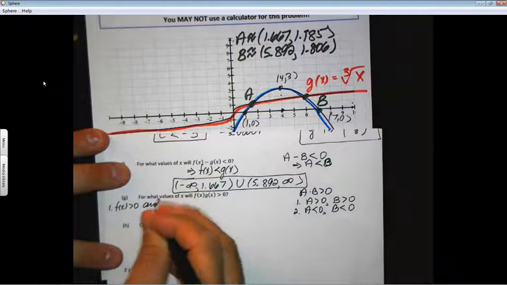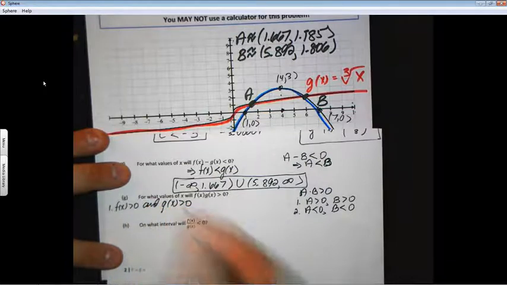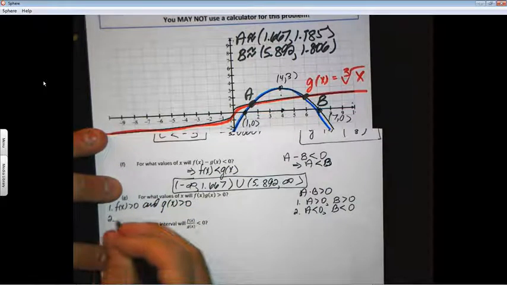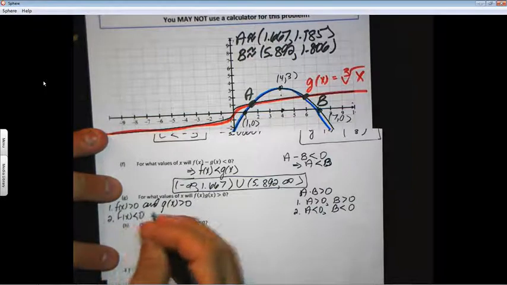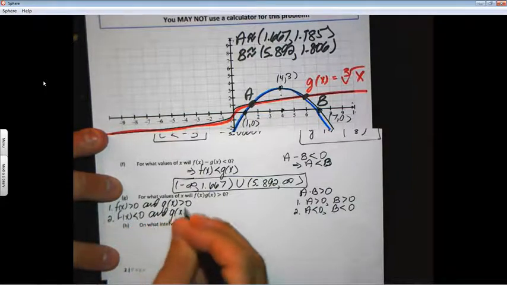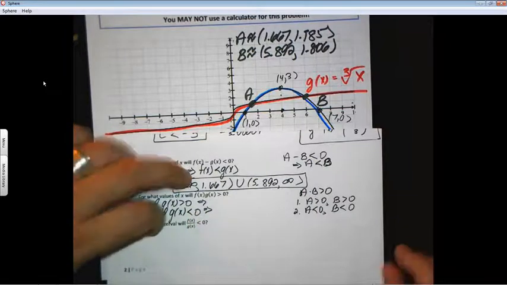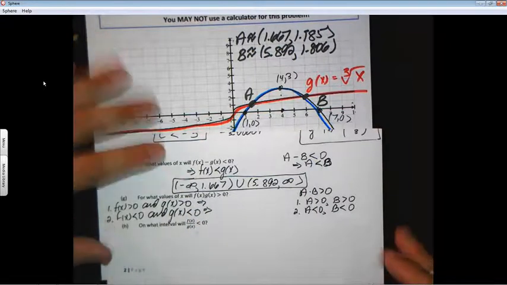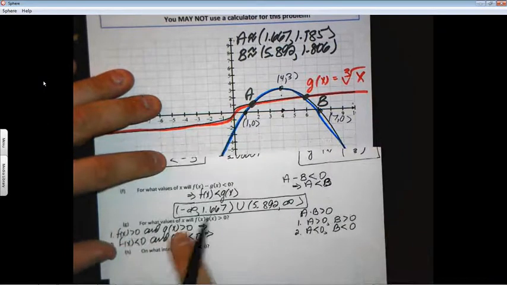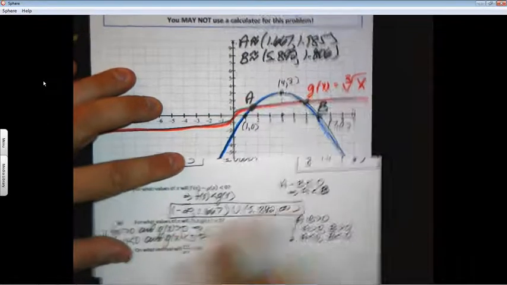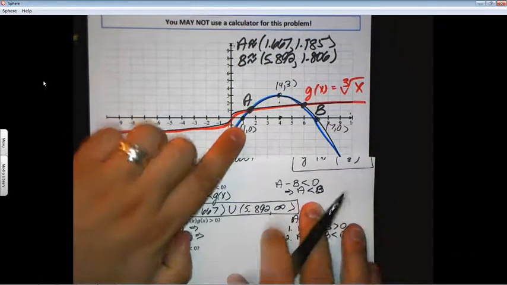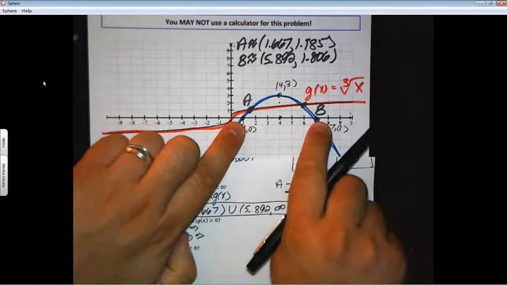So over here, if f of x is greater than 0 and g of x is greater than 0, we'll have a solution. If f of x is less than 0 and g of x is less than 0, we'll have a solution. Let's go to our graph. Where is f of x positive and at the same time g is positive?